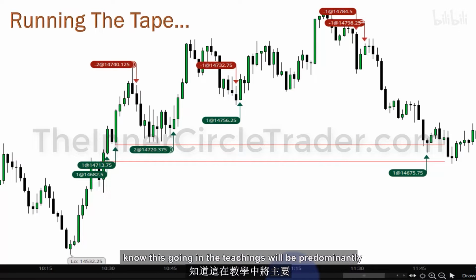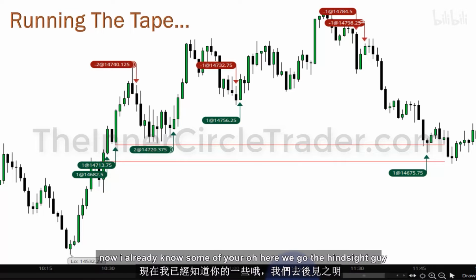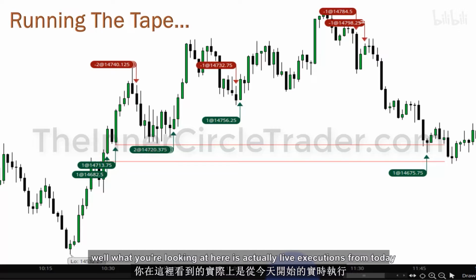The teachings will be predominantly through the scope of TradingView.com's paper trading module, or just hindsight data. Now, I already know some of you are saying, oh, here we go, the hindsight guy. Well, what you're looking at here is actually live executions from today, okay?